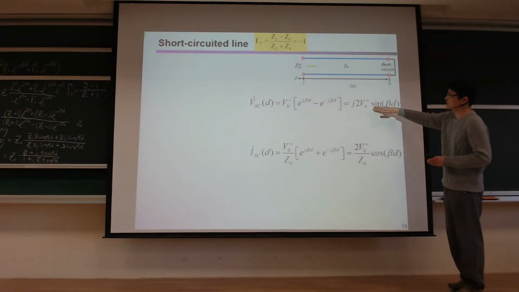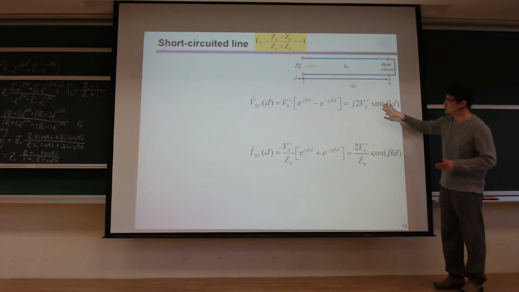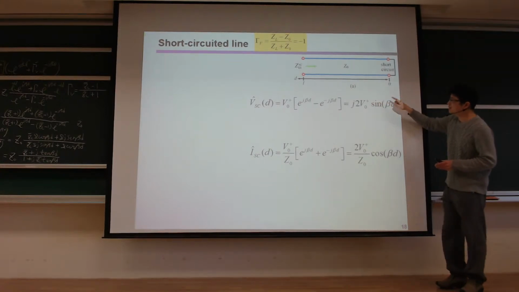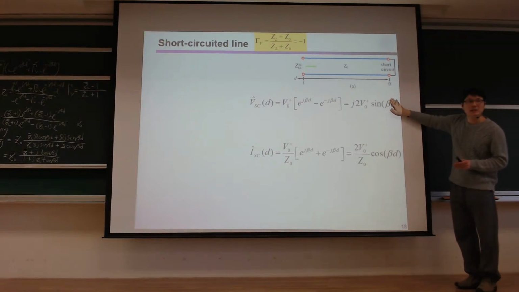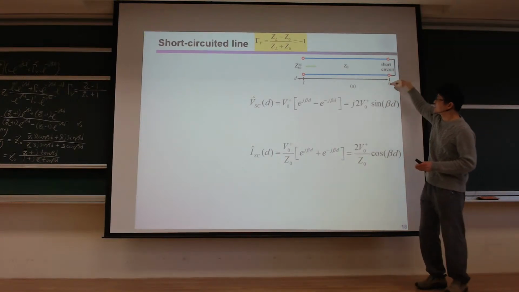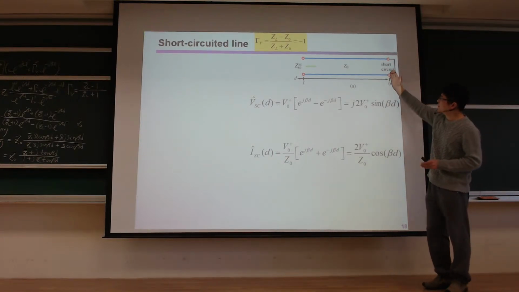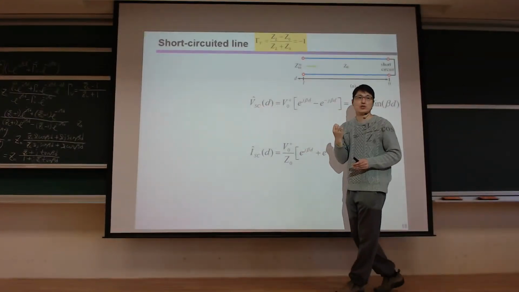So this is going to give you some kind of voltage phasor, total voltage phasor as a function of space. Now for sine beta d, d equals 0, sine is 0. So indeed, when you short circuit your transmission line, at the short circuit position, d equals 0, you cannot have voltage.